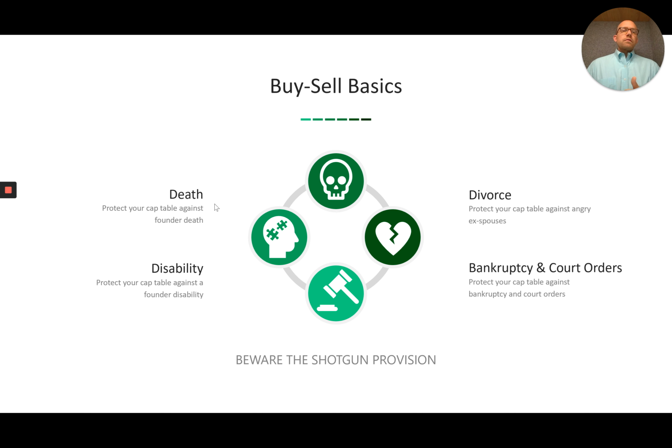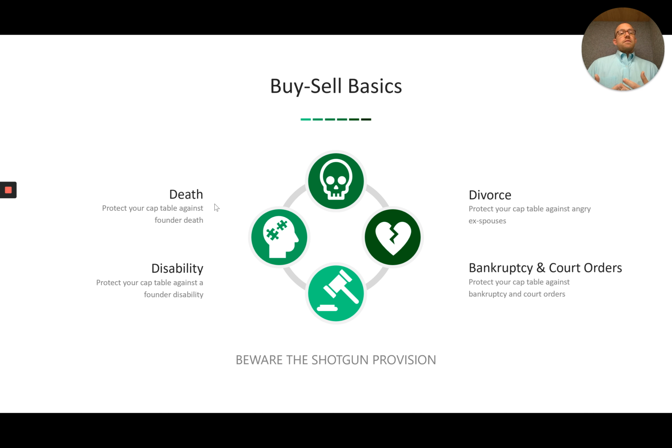Then another thing that it likes to protect against is disability. But before I go there, let me take a step back. A lot of the reasoning why companies want to have the rights to buy back equity in these different circumstances is to control who votes, but also a lot of times owners provide a very important role in the business.